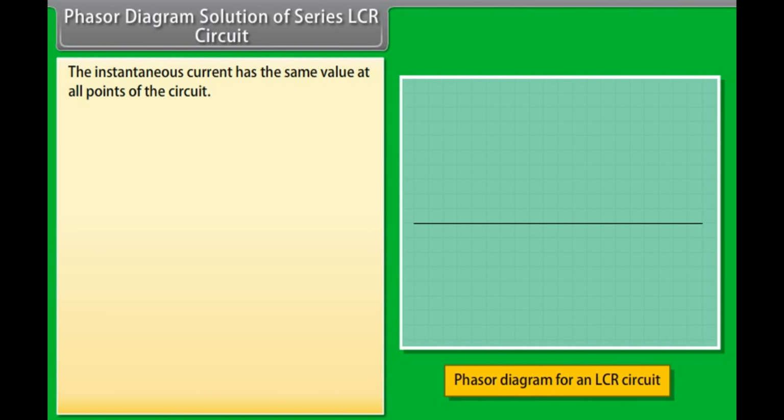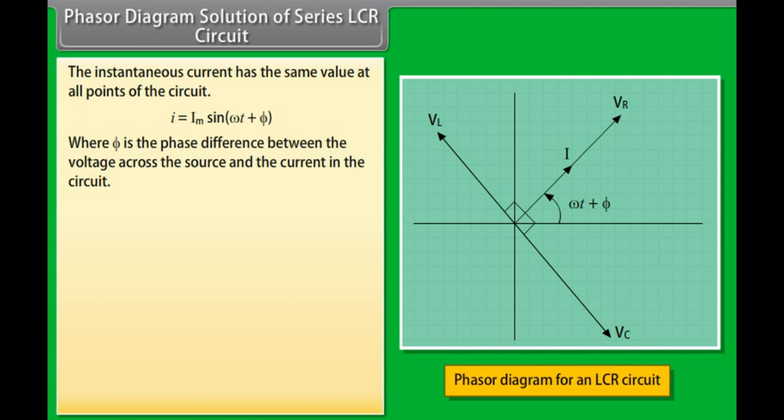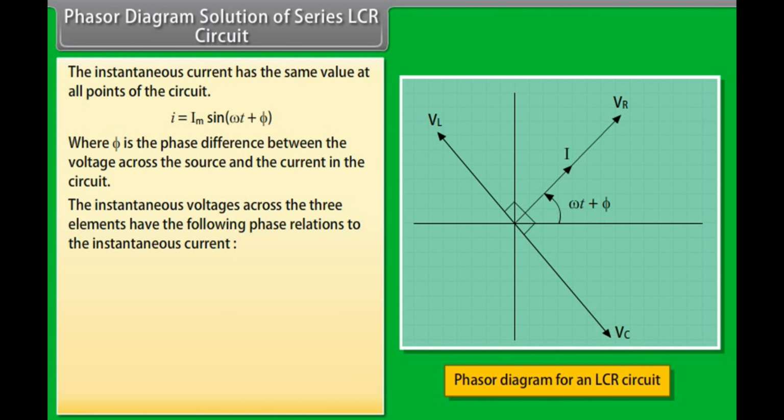Phasor diagram solution of series LCR circuit. The instantaneous current has the same value at all points of the circuit. I = Im sin(ωt + φ), where φ is the phase difference between the voltage across the source and the current in the circuit. The instantaneous voltage across the three elements have the following phase relations to the instantaneous current.